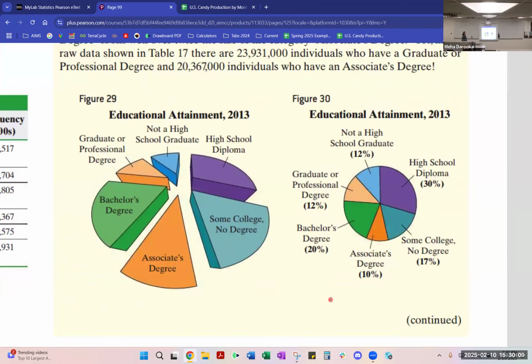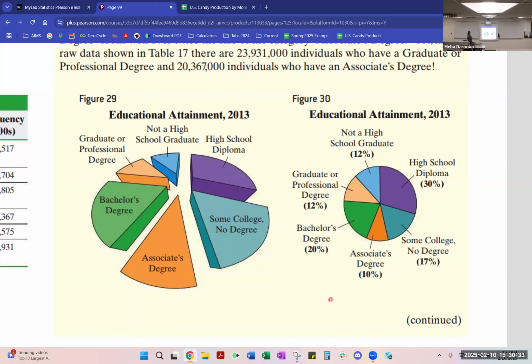Now look at that graph on the right-hand side. Same values, you can see they're keeping the same colors, but going with the traditional 2D pie graph, we are able to get a better sense of, oh, so there's 12% who did not graduate high school. There's 12% who graduated or have a professional degree.